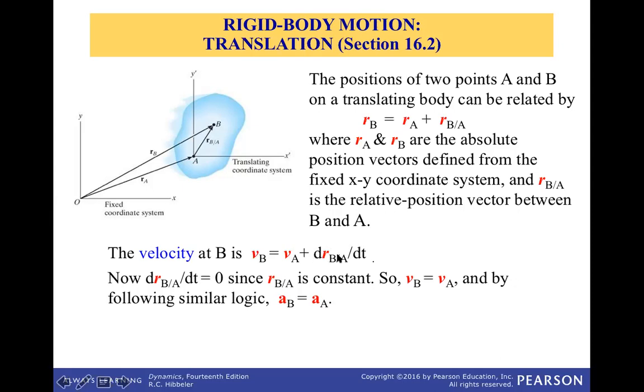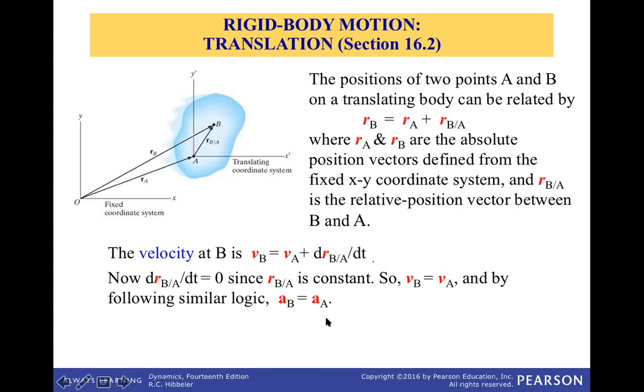Now, if this body is having just translational motion, then r of B relative to A is not changing, okay? Because that's how translational motion is defined. Inside the body, they share the same velocity and everything, so the relative position wouldn't change, okay? So then this term will be 0, all right? So if that's the case, then simply V_B is going to be the same as V_A, okay?